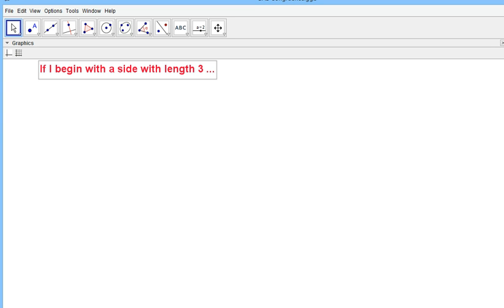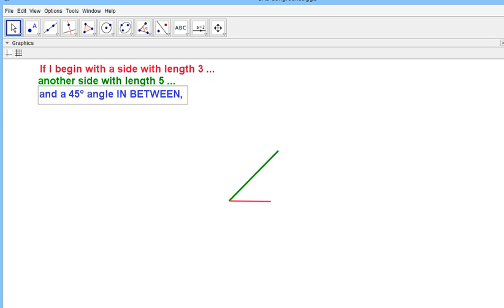I've got side length 3 right there, and another side, length 5, right there, and a 45 degree angle in between. Now, this has got to be in between in order for it to be side angle side.